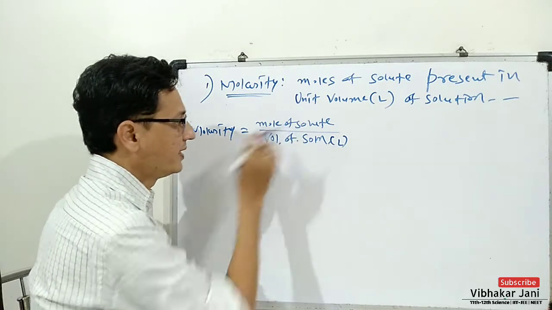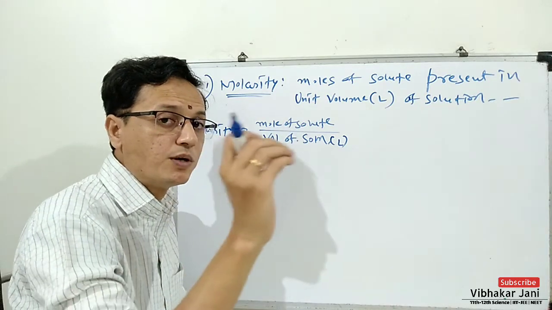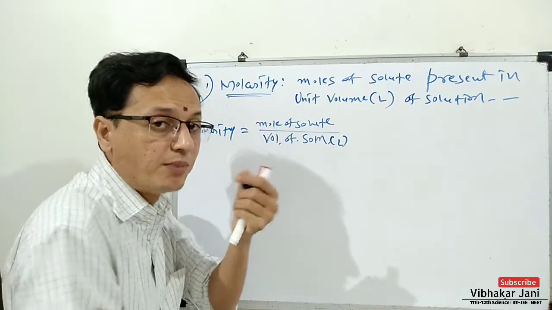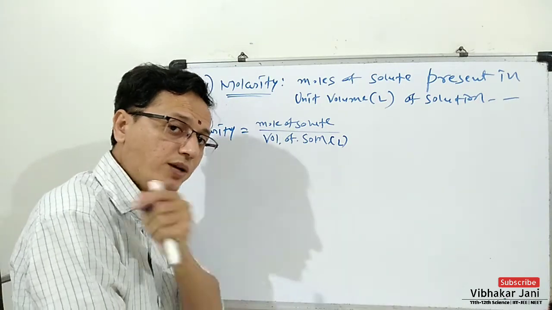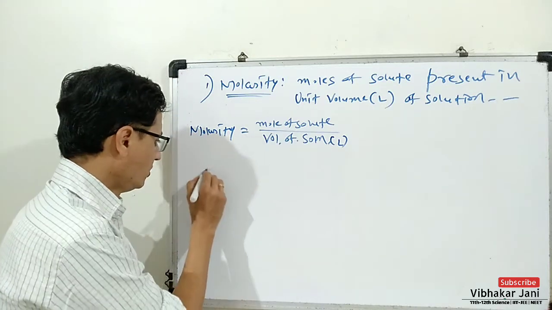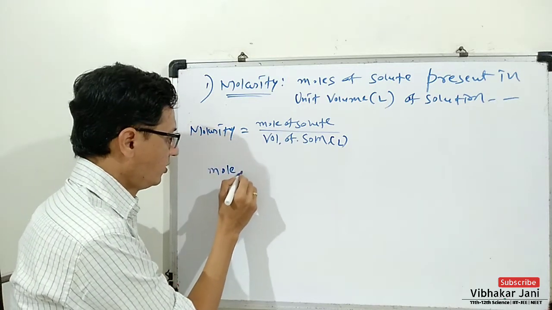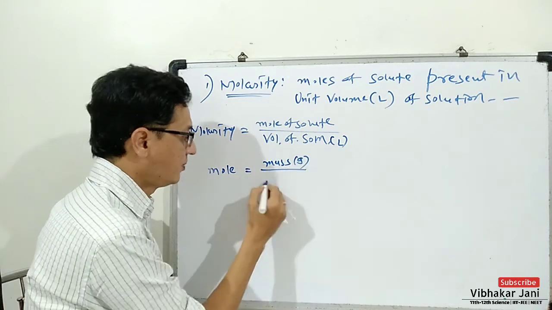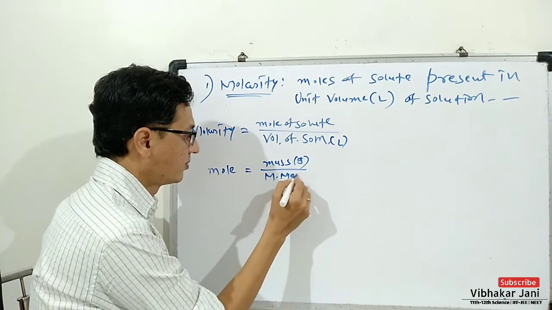We know that mole is equal to mass per molecular mass. Here moles of solute, that means mass of solute divided by molecular mass of solute. So we know that mole is equal to mass in gram upon molecular mass.